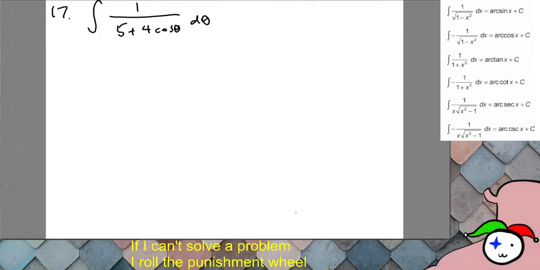So the 1 on the top could be turned into sine squared plus cos squared. The cos itself, you can separate that into double angle, or half angle, I guess. I don't know.